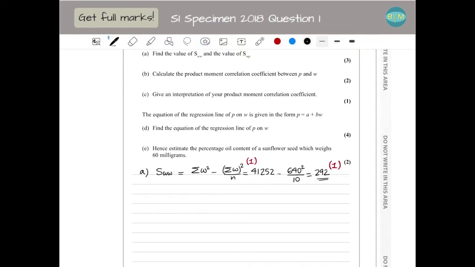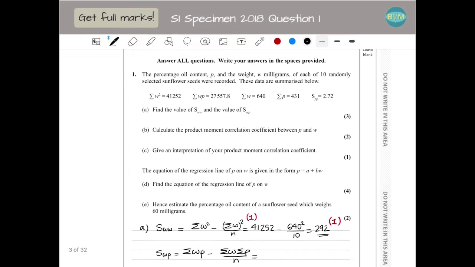Then we are going to find the second one that they ask, which is Swp. For that, I need the summation of WP minus the summation of W times the summation of P, divided by n.